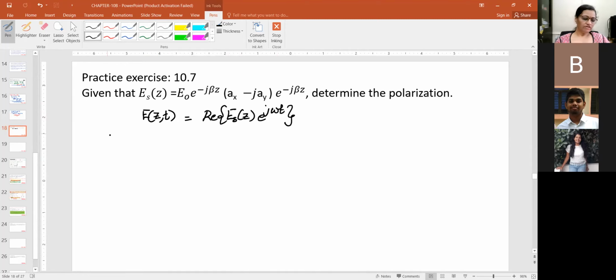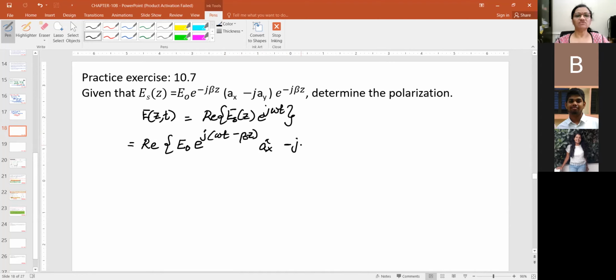Okay, so now let's just open it. Therefore, this is going to be the real part of E naught e to the power of j into omega t minus beta z along the ax cap direction. Then the next one will be minus j, because this j is there.